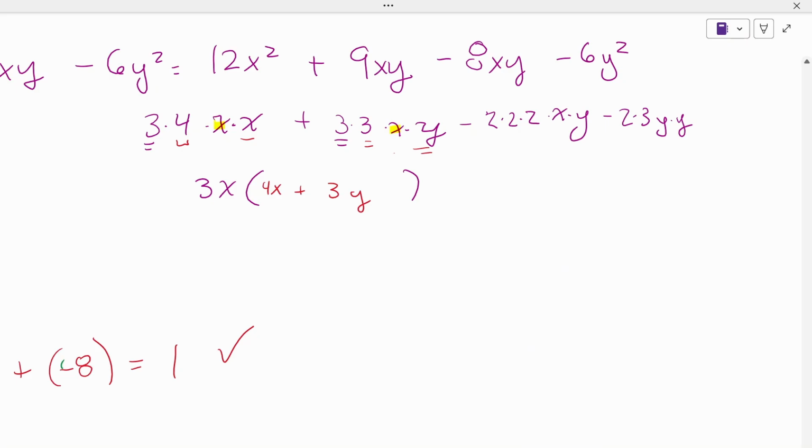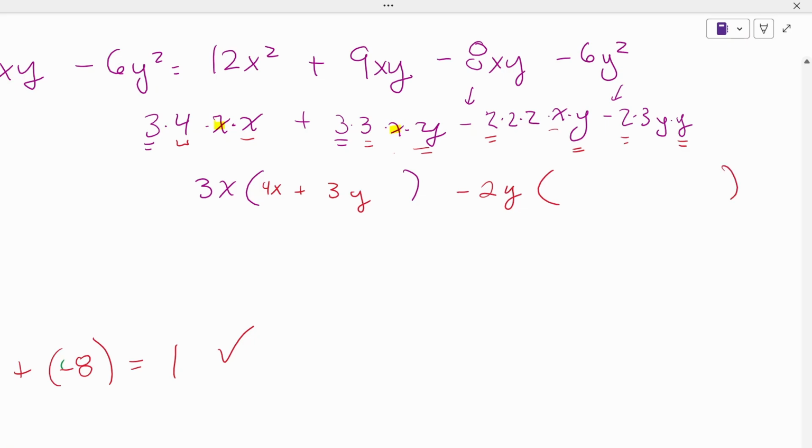Now, the only thing that's a little bit weird is we do have to watch out for these negative signs, right? But because the negative signs are in common between these two terms, I could pull out, say, a negative 2 and an x. Maybe. No, I can't pull out an x. I could pull out a y, though.